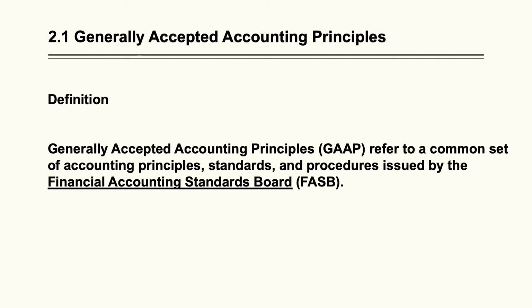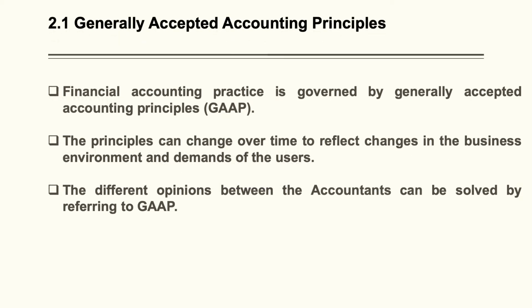So generally accepted accounting principle refers to a common set of accounting principles, standards and procedures issued by the Financial Accounting Standard Board, or we refer to as FASB. Normally when we are doing accounting, all the financial accounting practice is governed by generally accepted accounting principle.